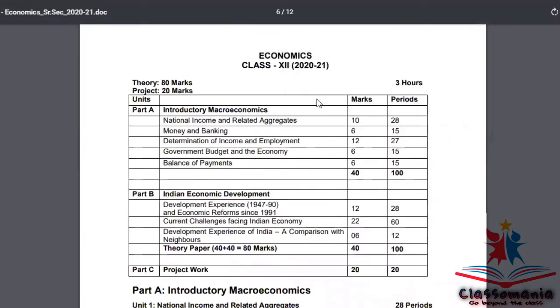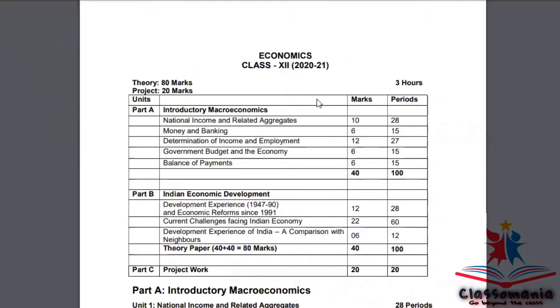Now, this is the syllabus for economics standard 12. The syllabus is also divided in two parts. Part A, introductory macroeconomics, and part B, Indian economic development. Part A has 5 units: national income and related aggregates, money and banking, determination of income and employment, government budget and the economy, and balance of payments.